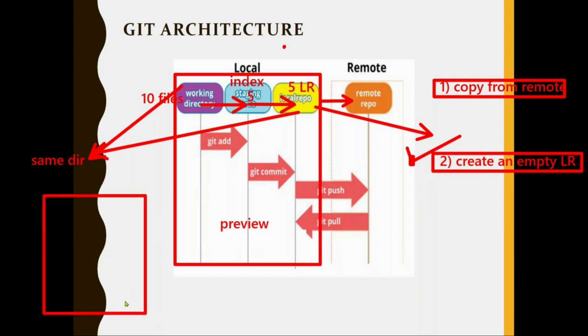Let me tell you. See, this is a folder or a directory. Okay. If I just placed a file there, I have created a file by writing it or by copying it, whatever. If I just placed a file in this directory, then we call it a working directory. The same folder, let's say the folder name is my repository.